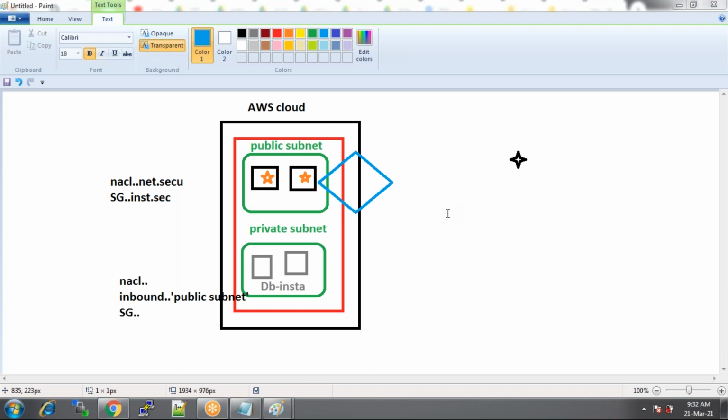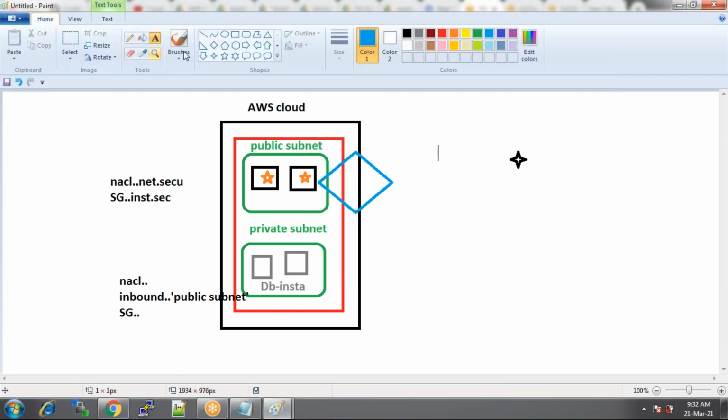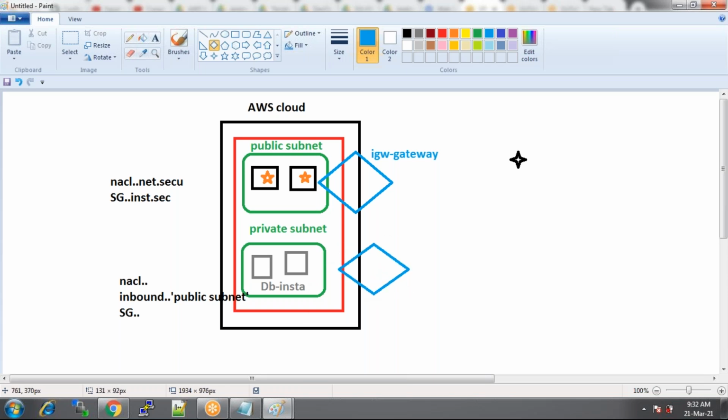If a subnet does not have an IGW, it cannot be accessed publicly. Then, how about the private subnet? What kind of gateway does it have? The private subnet has a gateway called a NAT gateway.